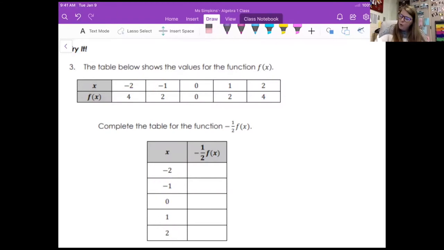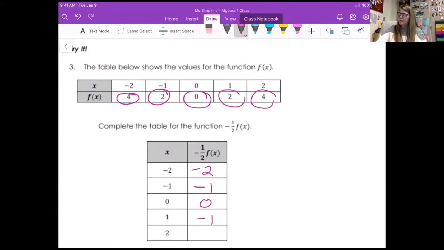So starting with 4. What is 4 times -1/2? -2. So that's going to be our new output. What is 2 times -1/2? -1. 0 times -1/2. 0. Again, 2 times -1/2 is still -1.